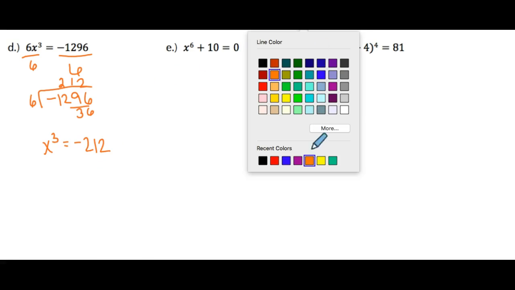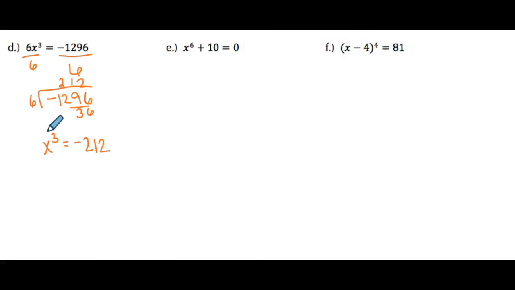What I'm going to do from there, now that it's isolated, is I'm going to take the cube root. You can write it as the cube root, or you could write it as the 1/3 power. Either way is fine. Which means I need to break this down. Because this is an even number, I know 2 is going to go in, so 2 goes into 20 10 times with 1 left over. 2 goes into 12 6 times. I know that I can break that down into 2 and 53.